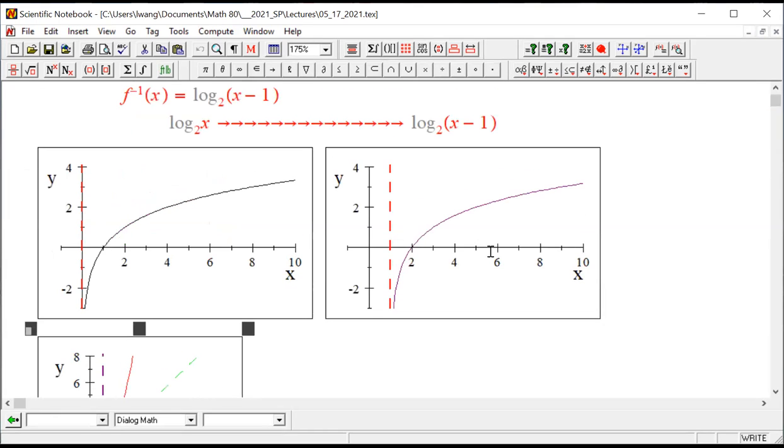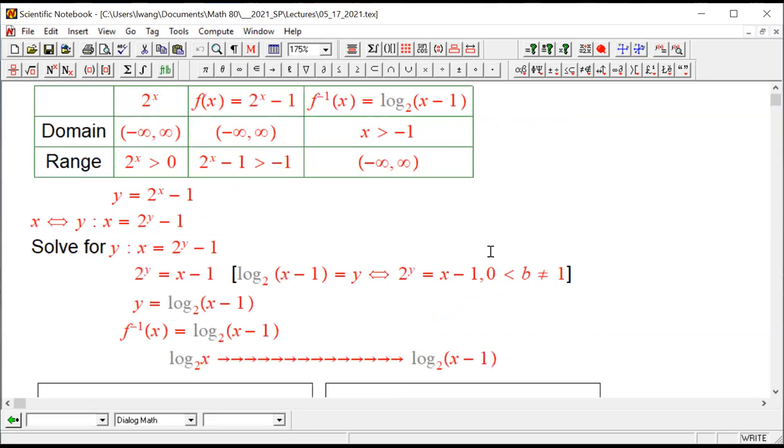Wait a second. 2 to the power x minus 1, its inverse is log base 2 x minus 1.